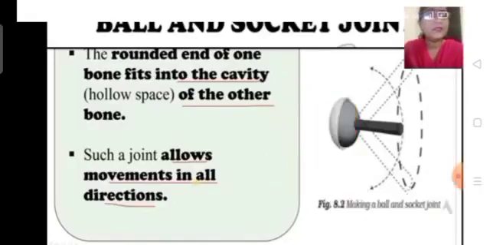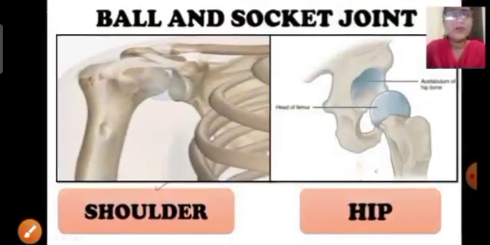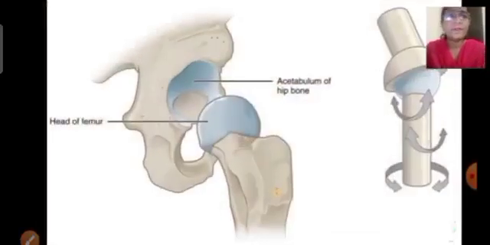Ball and socket joints occur at the shoulders and hips in our body. Our upper arm bone and shoulder bone make a ball and socket joint. Then here you can see our upper leg thigh bone and hip bone.